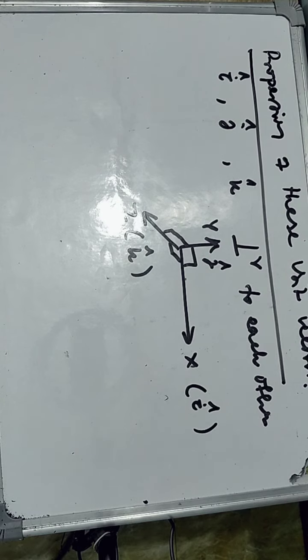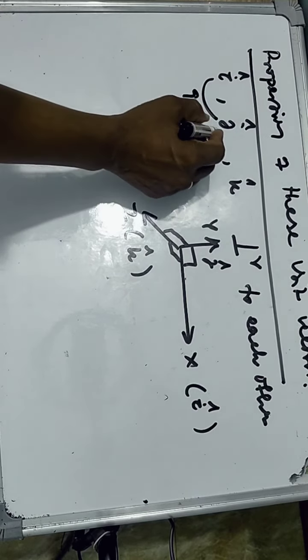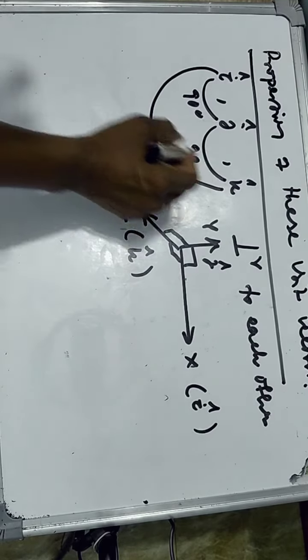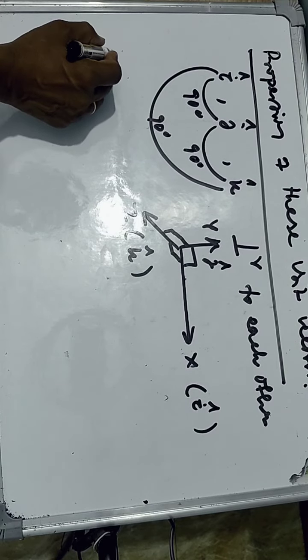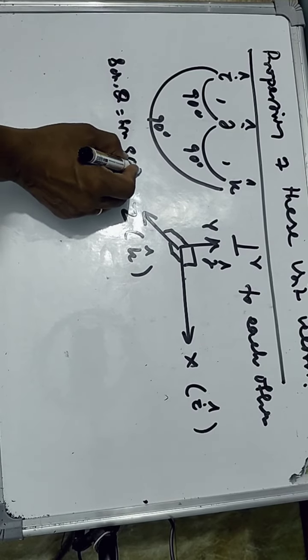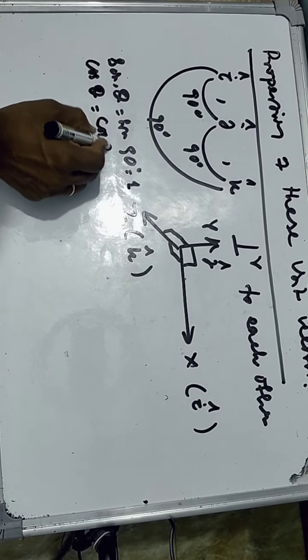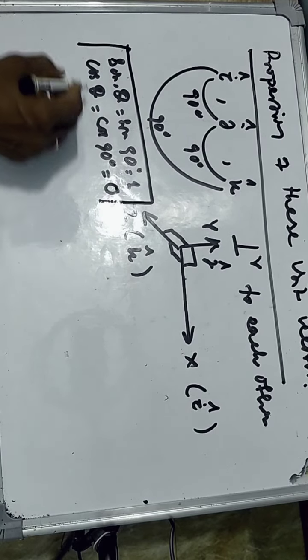Now we say the angle between I and J is 90 degree, J and K is 90 and K and I also 90 degree. That means sin theta is equal to sin 90, it will be 1. Cos theta will be cos 90, so value will be 0. Using this we can proceed ahead.